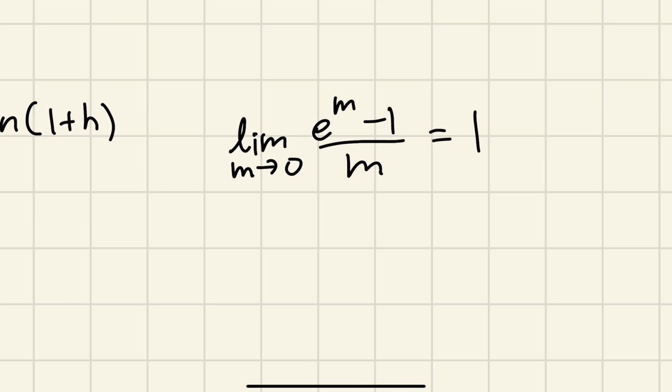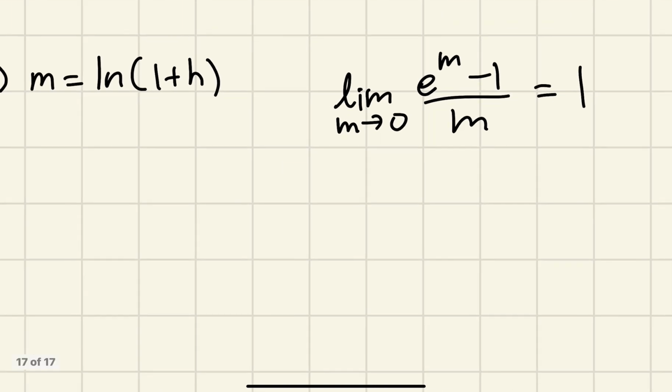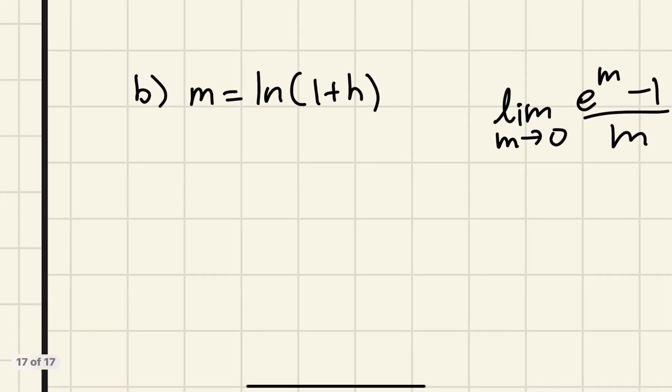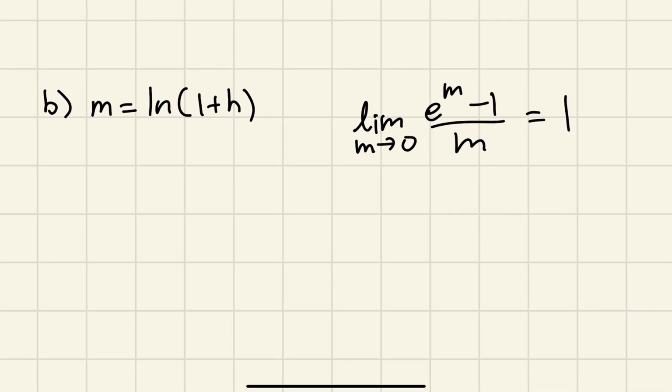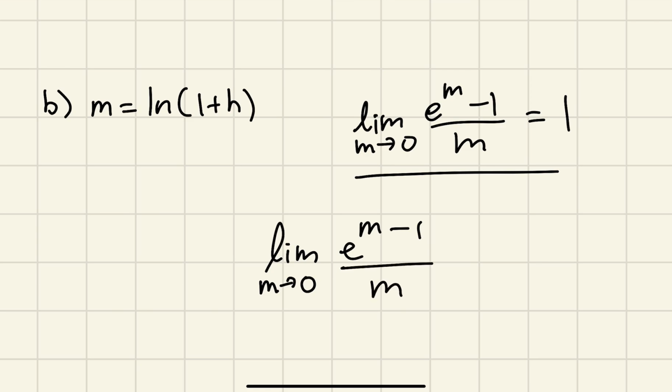Okay, so let's write this out. Let's start with this statement: the limit as m approaches 0 of e to the m minus 1 over m.